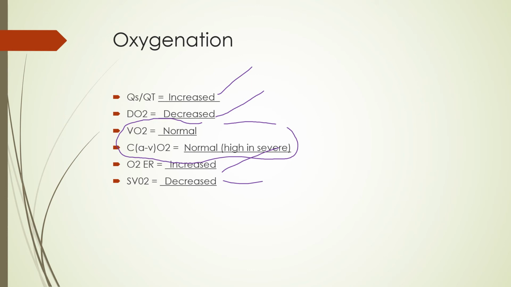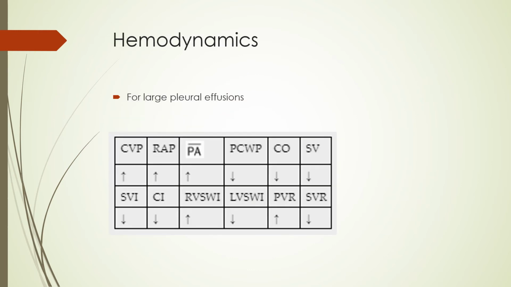So notice nothing much has changed between most of the disease processes so far, except for when we talked about increased metabolic rates with things like cancer or infection. When we get to hemodynamics, usually it won't affect your blood pressure or hemodynamics until you get to the large side of things. So that'll be the key thing. If I ask you about a minor, very light pleural effusion situation versus a large pleural effusion situation, that's what you'll be looking at here.